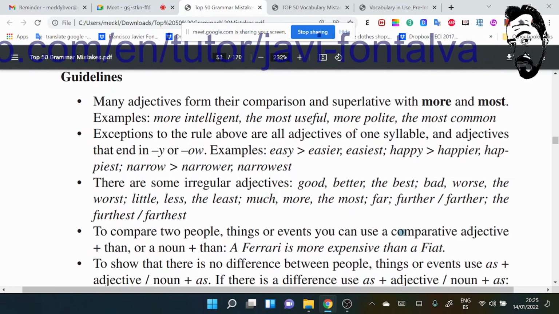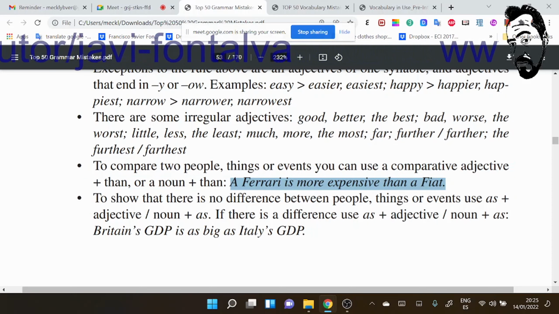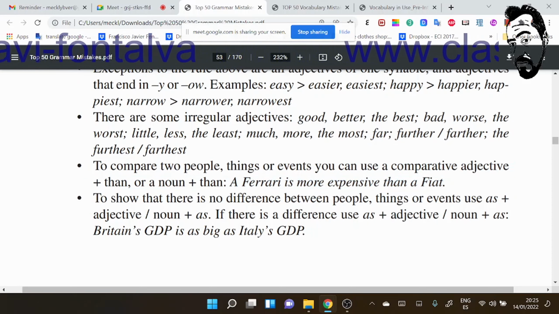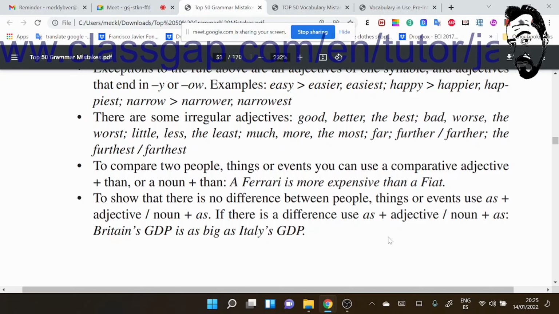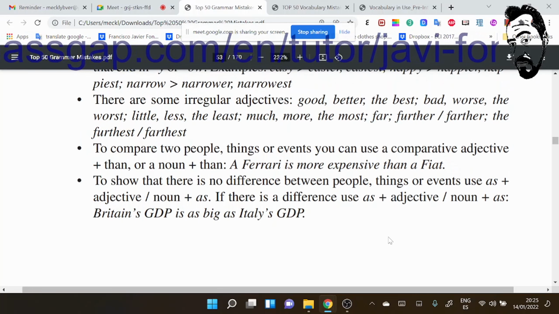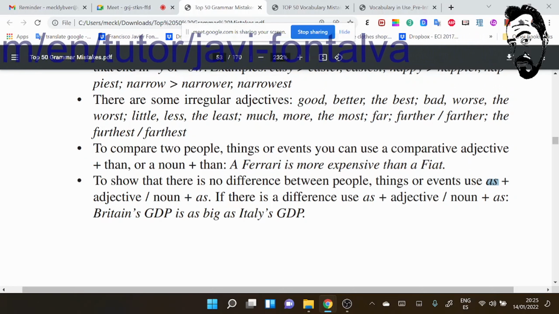So for example, a Ferrari is more expensive than Fiat. Remember, you have to use than when you're comparing. Oh, I forgot. As, blah blah blah, as.